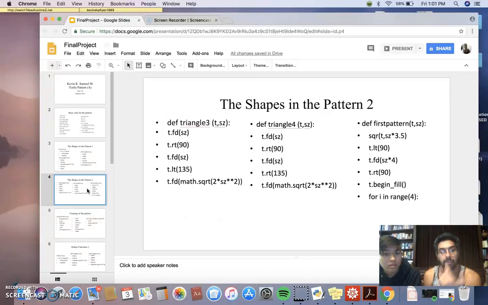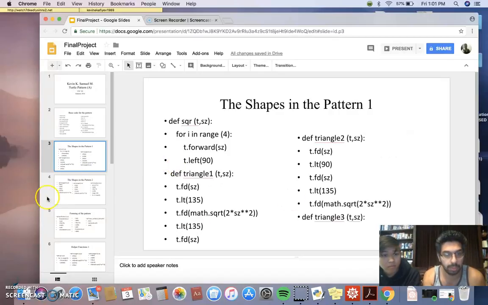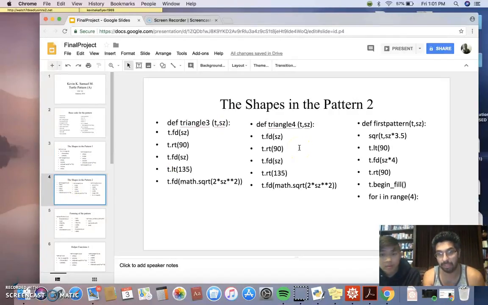And then again, now we have more. So we have 1, 2, 3, 4, 5. We have 5 patterns total, right? And 4 of those patterns are triangles, just because of the way we chose our pattern.